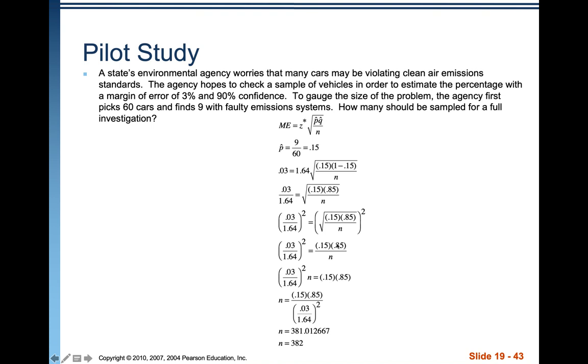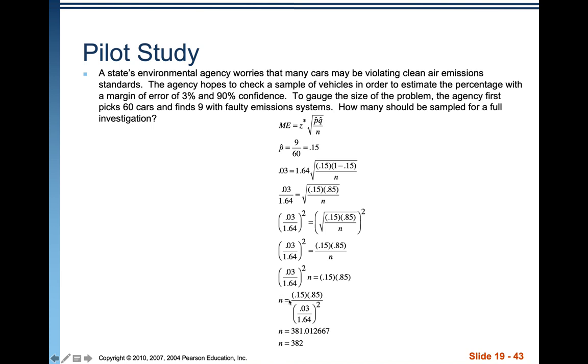At this point, you can multiply both sides by n or cross multiply, whichever way you want to do it. And so we're going to have our squared term times n equals 0.15 times 0.85. So we need to divide both sides by this value that n is being multiplied by, our squared value.